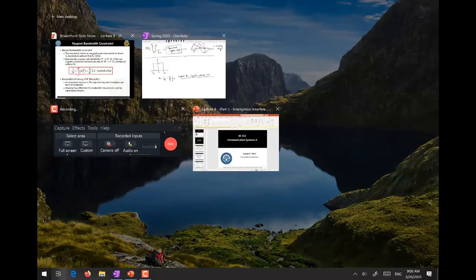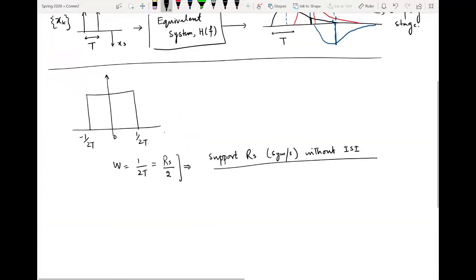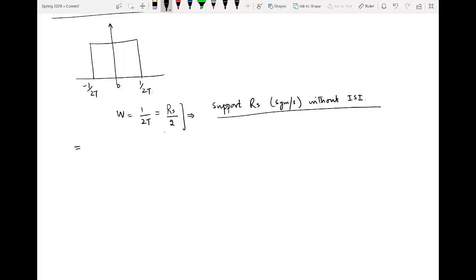Again, let's come over here. The same thing can be mathematically written as the minimum required bandwidth W, which must be greater than or equal to Rs by 2. And this inequality can also be written as Rs divided by W is less than or equal to 2. Now, what is the unit of Rs? It is symbols per second.